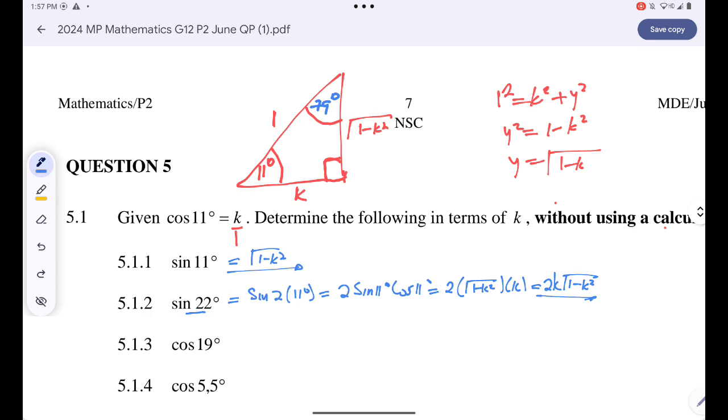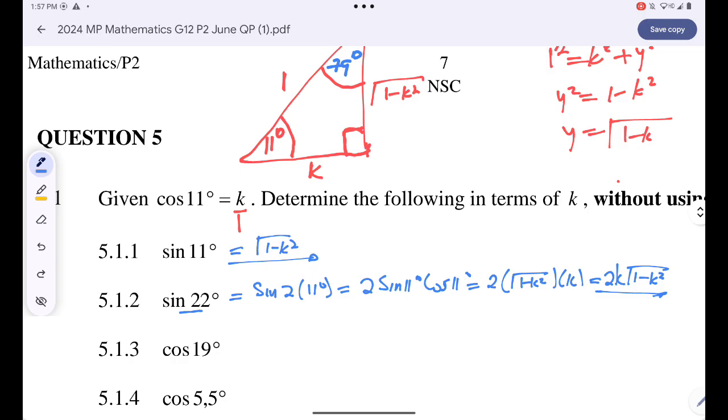Then now we are given cos of 19 degrees. We don't have 19 degrees in our triangle there, but we can find the cos of 19 degrees by simply using the compound angles. Cos of 19 is the same as the cos of 30 degrees minus 11. 30 minus 11 is just equal to 19.